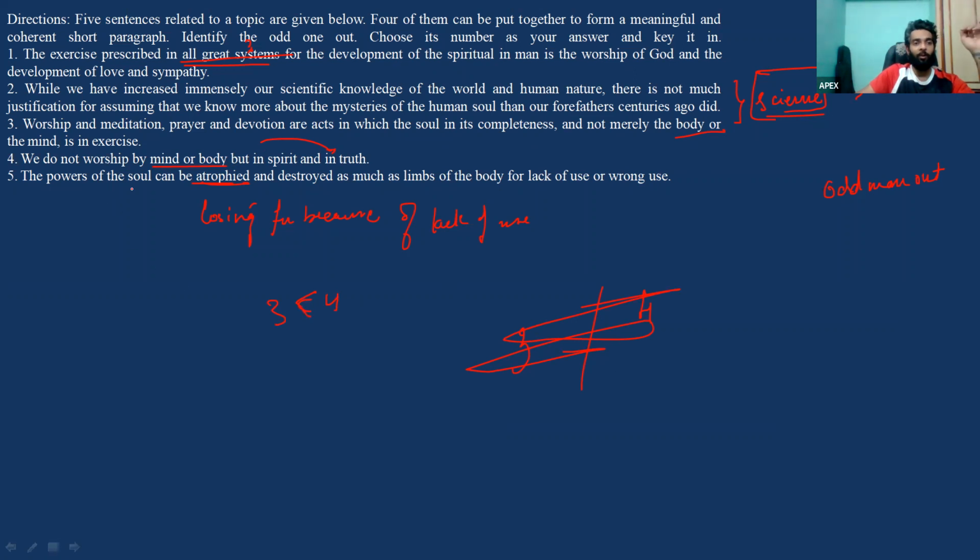Now, what about 5? The powers of soul can be atrophied. Okay, so this is clearly the last one. And now we have to see if this fits here or anywhere in between. The exercise prescribed, where did we talk about exercise actually? We do not worship and meditation.